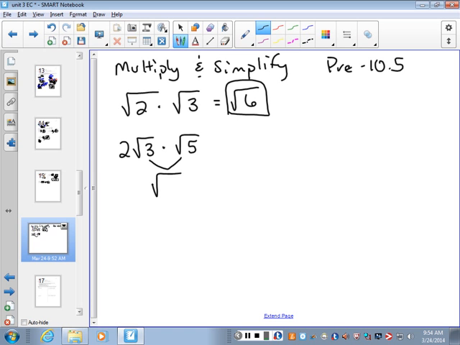So the square root of 3 times the square root of 5 gives me what? Square root of 15. You always got to keep it under that radical. Some people do just write 15. You got to keep it under the radical. And 2 up front.